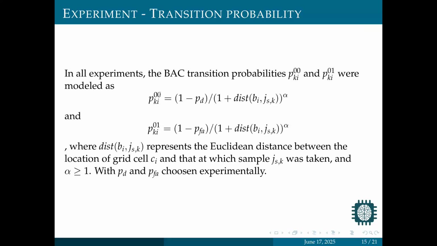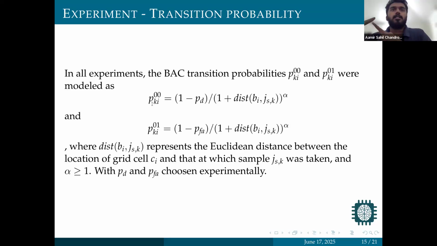So P00 is like changing from 0 to 0. If B is zero, then the measured one is zero, and the other one is if B is one, then the measured one is zero. And K, I are the two indices of the grid.